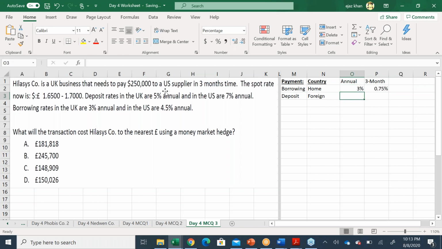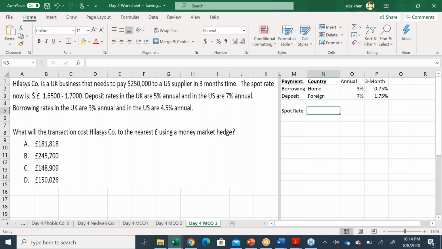And we need the foreign, which is the US one, the foreign country's deposit rate. So that's 7%, and it should be divided by 4, 1.75%.